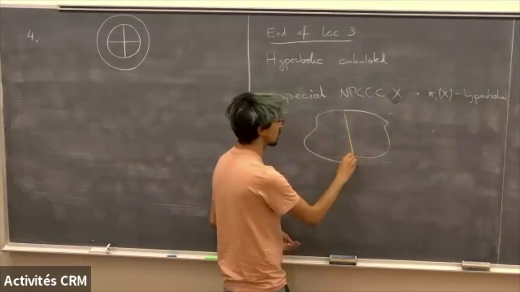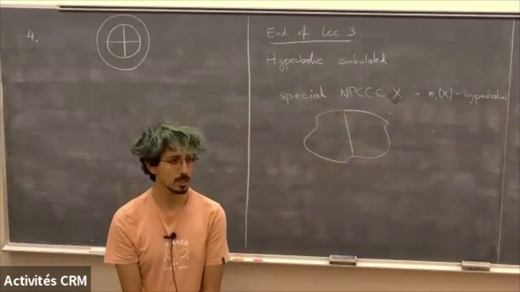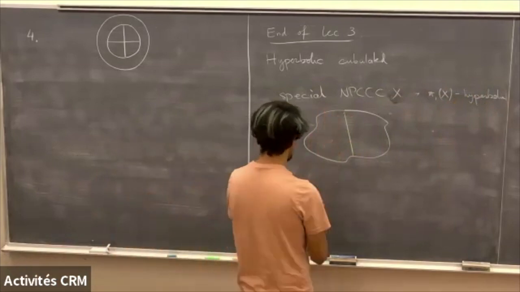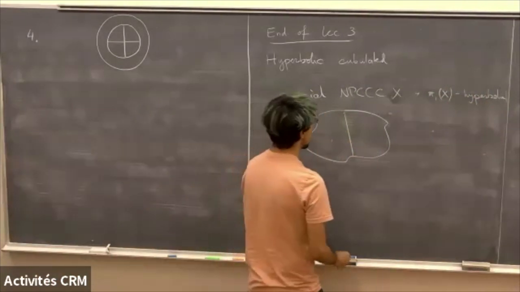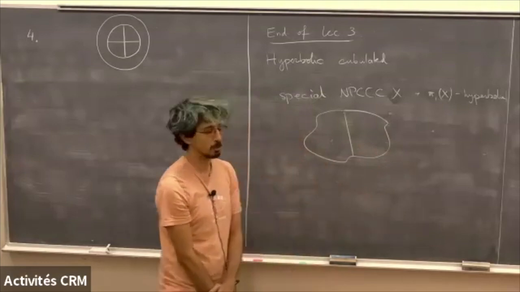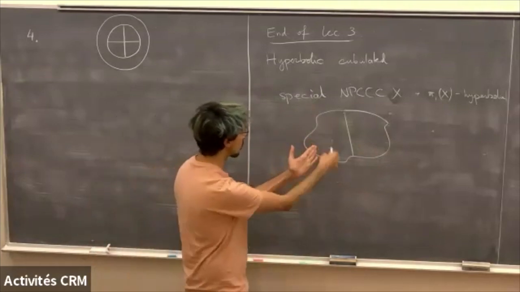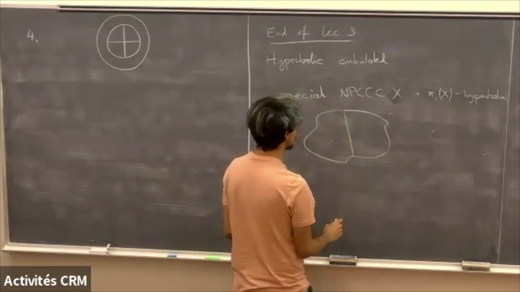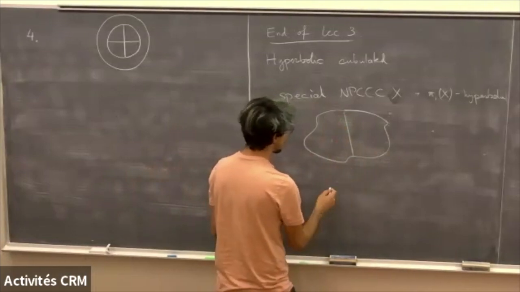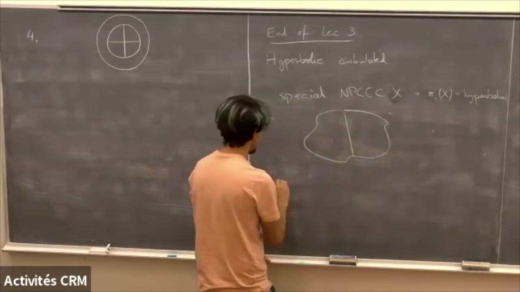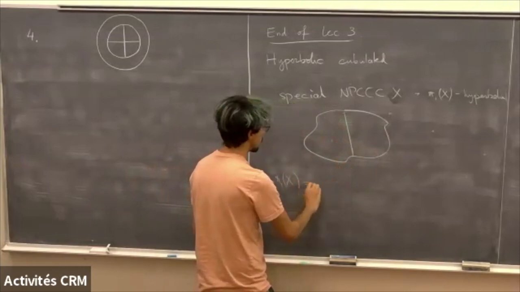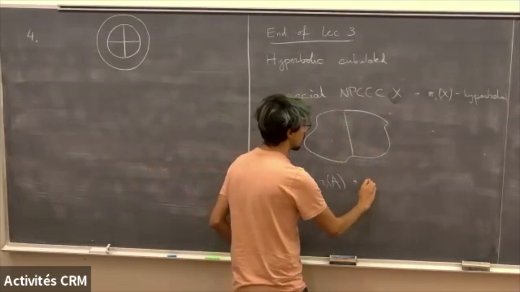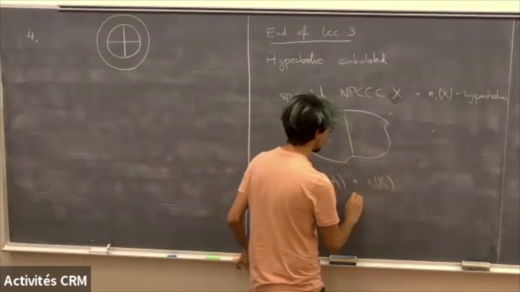Maybe I have this hyperplane. Remember that hyperplanes are embedded, right? So what we can do is cut along this hyperplane and get two new non-positively curved cube complexes that are glued along the hyperplane. So what we get out of this is smaller pieces. So pi1 of X in particular can be written as a free product with amalgamation of the two pieces along the hyperplane.